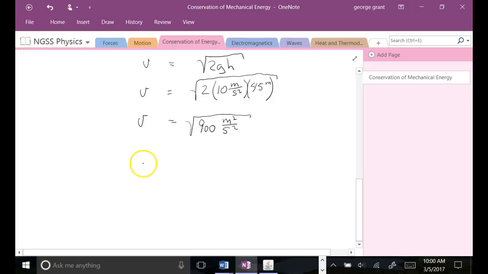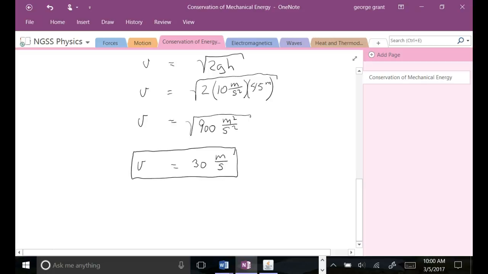So I'm going to take the square root now. The square root of 900 is 30, and the square root of meters squared per second squared is meters per second. So does everybody see that I even got the right units doing this?